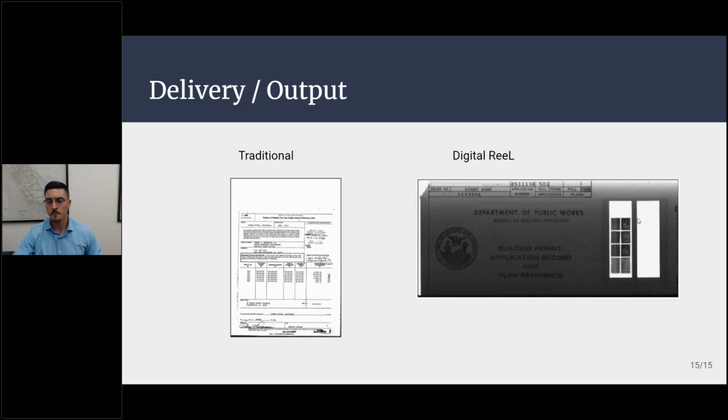This particular customer, we scanned about 1 million Aperture cards, and every single one of them is in digital reel, and they can see this image and then actually click on the individual images, the frames, to look at the file itself. And then from there, you can export PDFs, you can do text searching, you can share it, send a link to someone, but it allows you to have that original context, which you don't get with the traditional method.